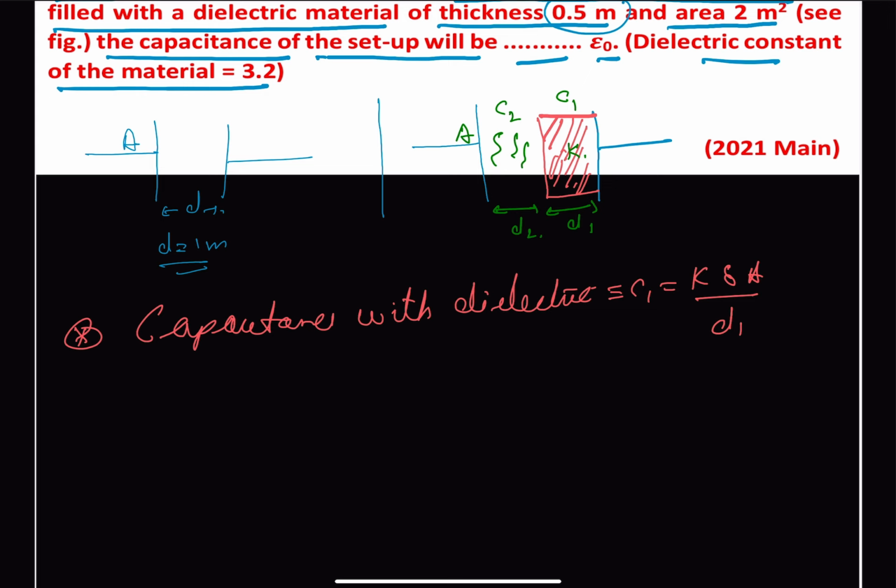K is given to us as 3.2 and we have epsilon naught, because the final answer is in the form of epsilon naught, so we will keep it like that, and area is 2 and D1 is 0.5. So we get C1 equal to 12.8 times epsilon naught.